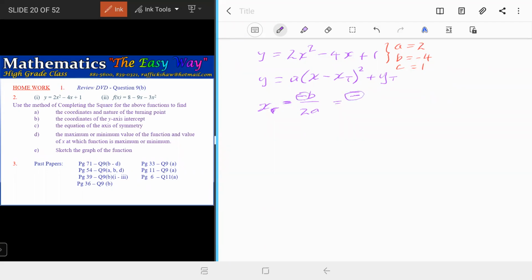But the b is actually negative 4. So I'm going to put down negative 4 for the b. I can put it in a bracket, or I can leave it outside the bracket. So it's minus a negative 4. And then I'm dividing that by 2a, 2 times the a value. The a value is 2. So it's 2 times 2.